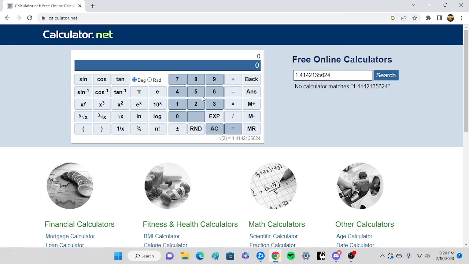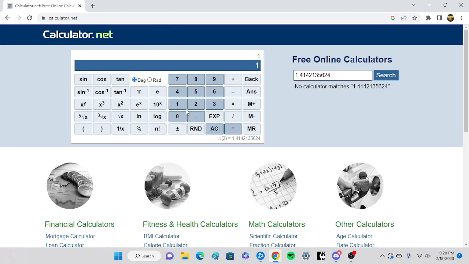And hopefully this is a more accurate calculator. 1 point, you can definitely tell it's more accurate because it shows less digits. 11425. Wait, no, that's wrong. 1.41. Fuck. You know what? Just get out of here.